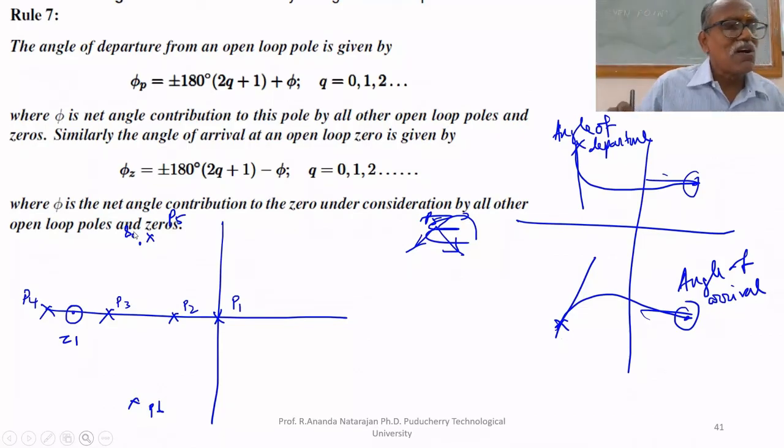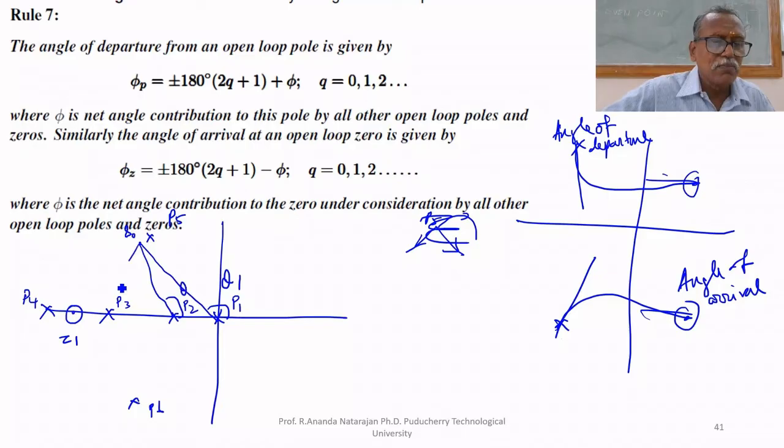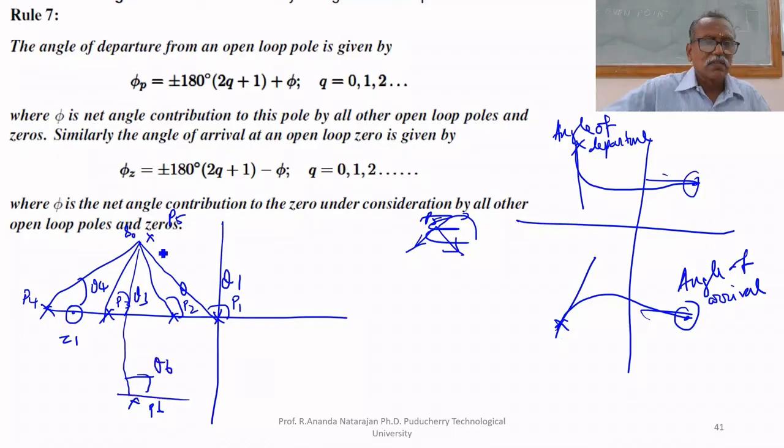Because S0 is very close and S0 is on the root locus, we have to find the angles with P1, that is theta 1, with P2, theta 2, with P3, theta 3, with P4, theta 4, with P6, theta 6. This angle is theta 5.